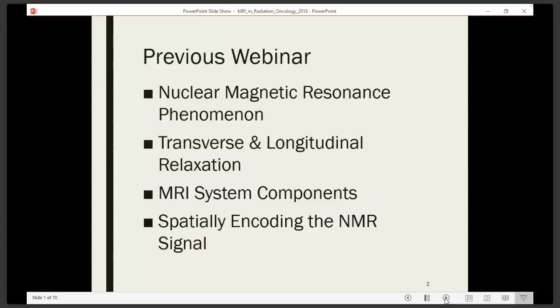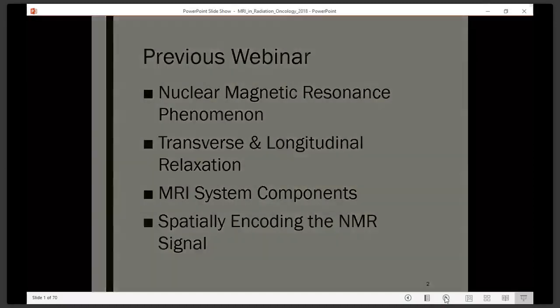If you attended the previous webinar, you'll recall that we went over some of the basic concepts of MRI, including the nuclear magnetic resonance phenomenon, the description of the transverse and longitudinal relaxation times, or T1 and T2, the basic components of an MRI system, and the general way that the NMR signal is spatially encoded to localize where the signal is coming from to produce an image.